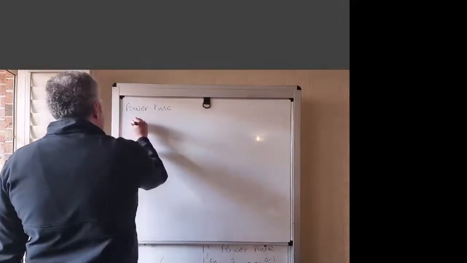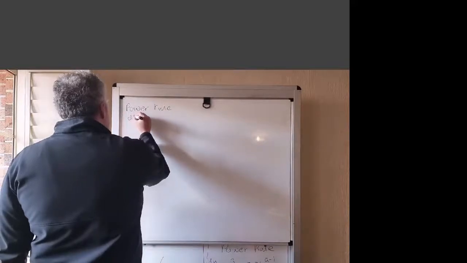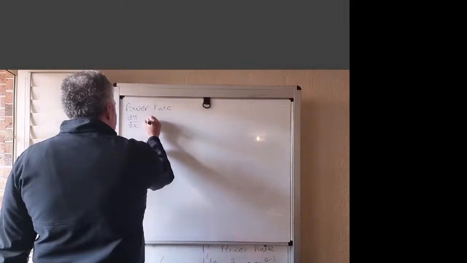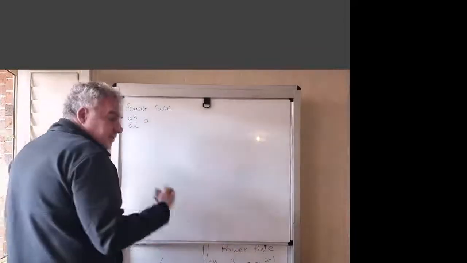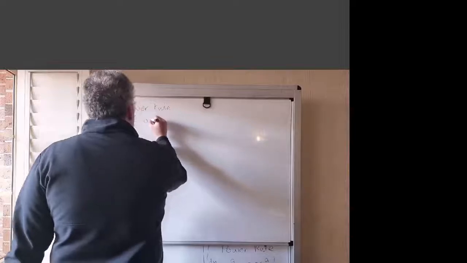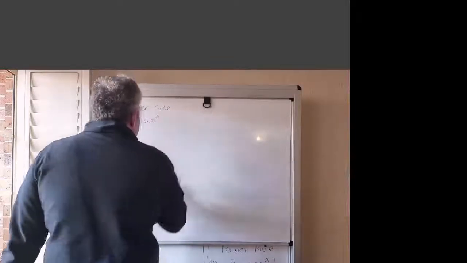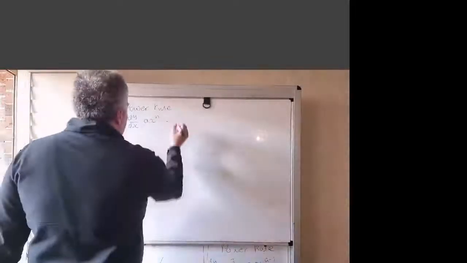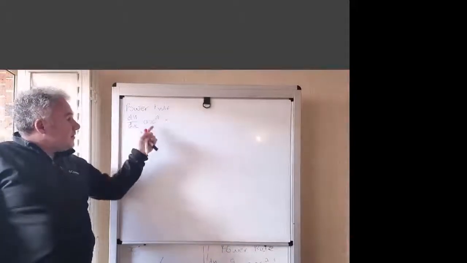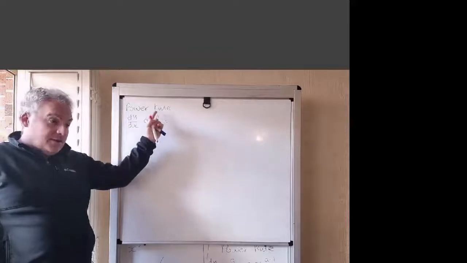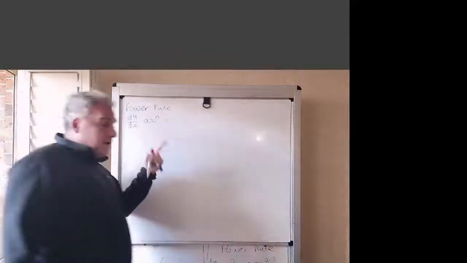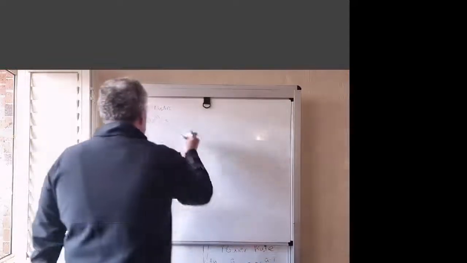dy/dx of, I'll put an a out the front this time just to show you that a can be the coefficient, ax to the n. So when we're defining the derivative of something x to a power, we take the n and we times it by a and then take 1 off the n.